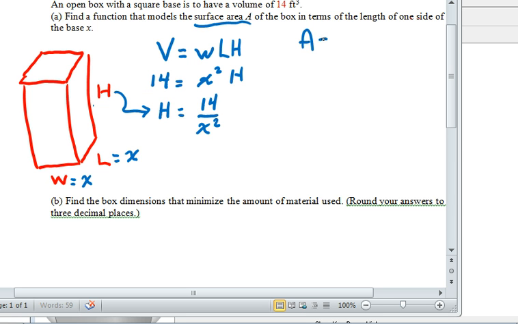So the area will be the area of the base, which is x squared, plus 4 sides, which all have the area x times h.